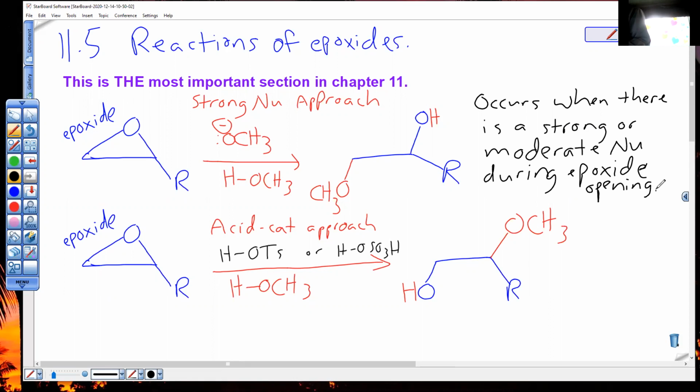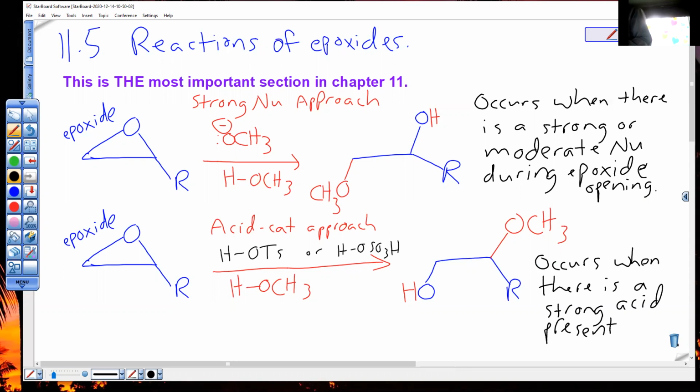And this other approach occurs when there is a strong acid present during the epoxide opening.